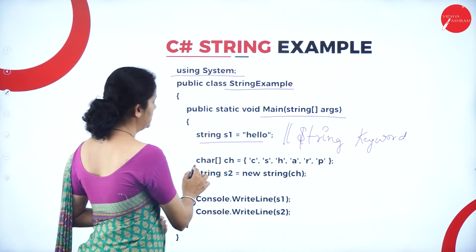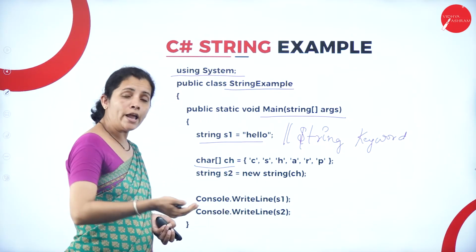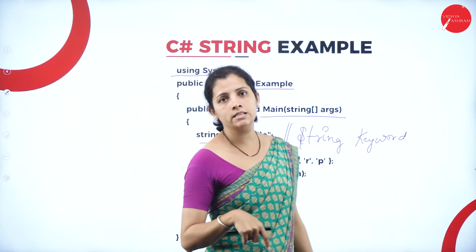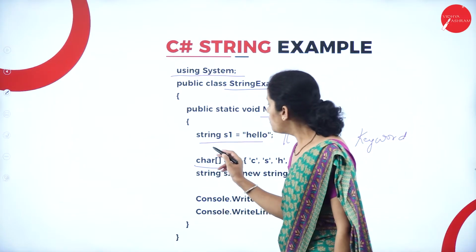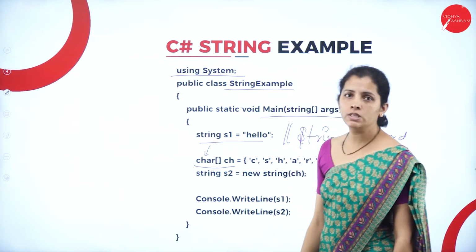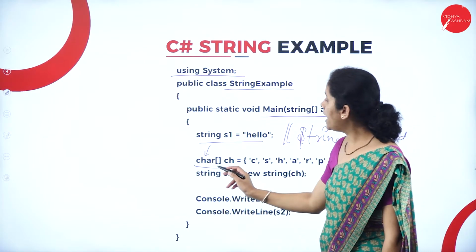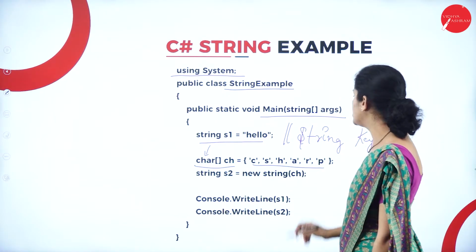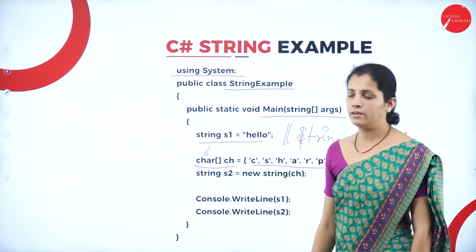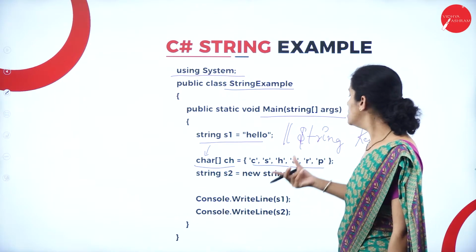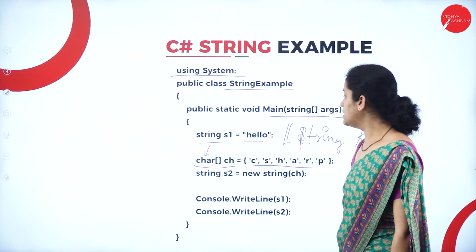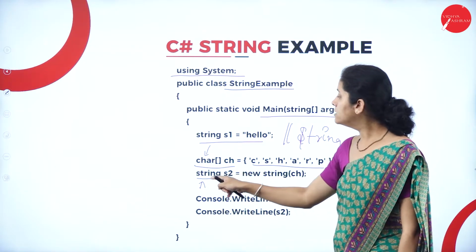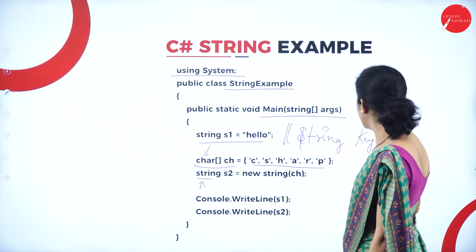Now, see here, I am going to create an array of characters. Array of characters in the sense, once again, it's nothing but a string. So, what data type am I going to use here? That is char, and it is an array of characters, and I'm going to store C#. So, I'm going to assign C sharp. Now, see here, it is of type string. So, here this one is the string keyword.